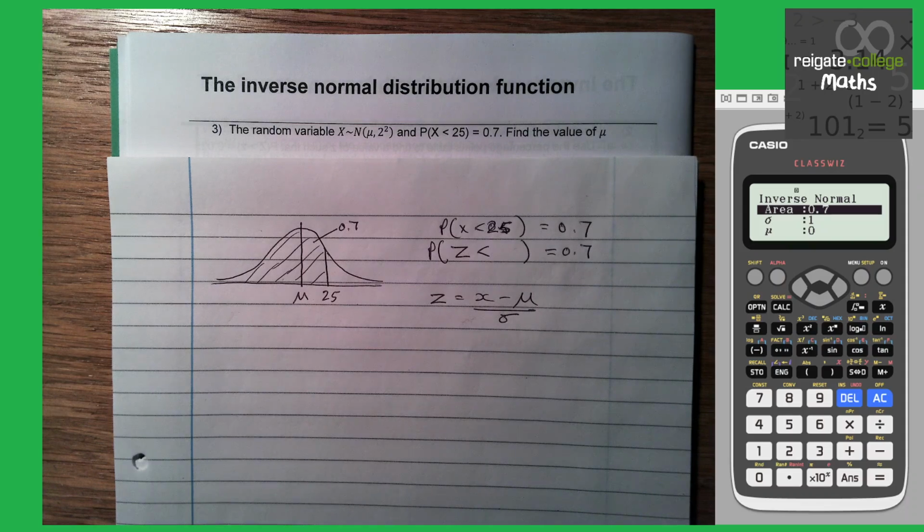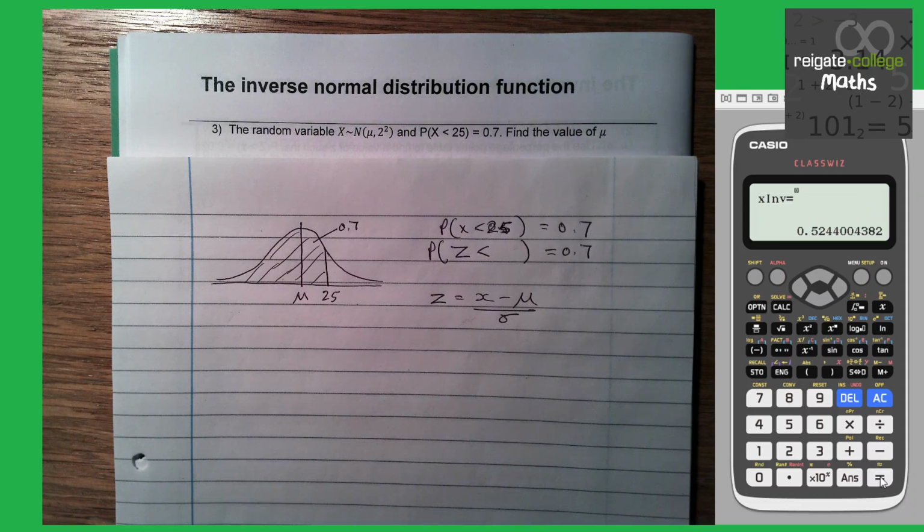So let's go and find the value that we need for z. Remember that z, the standardized normal distribution, is the distribution which has a standard deviation of 1 and a mean of 0. So we're going to put in an area of 0.7, and find the value that gives us that probability of 0.7. I've already put those into the calculator here.